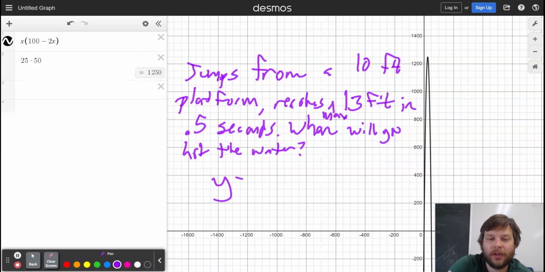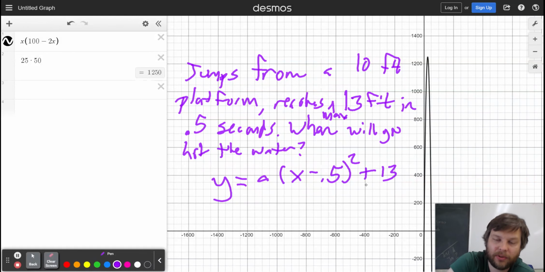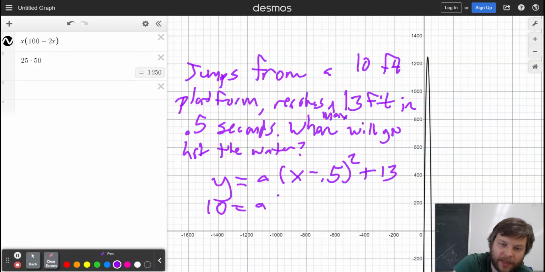To take that, you're going to use your vertex form, where it reaches a maximum after 0.5 seconds. That's your h value, and a maximum of 13 feet is your k value. Then you use the initial amount, jumping from a 10-foot platform, to solve for a, just like we've practiced several times.